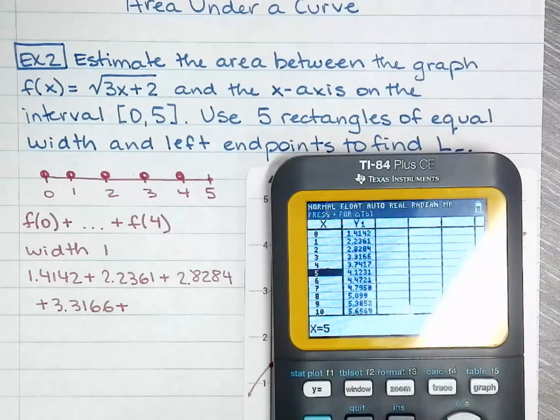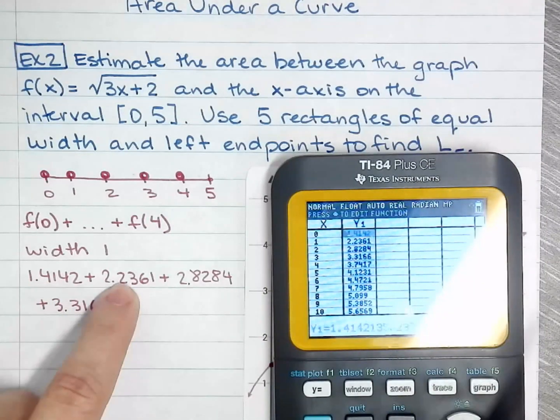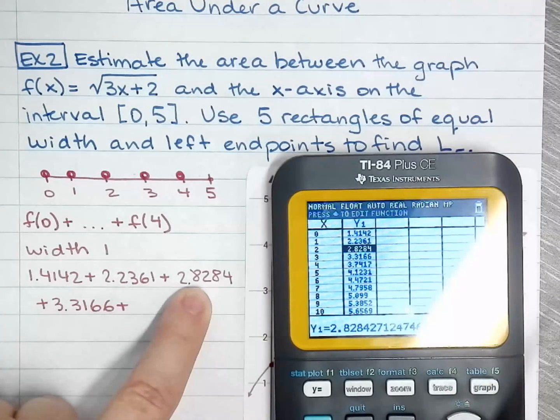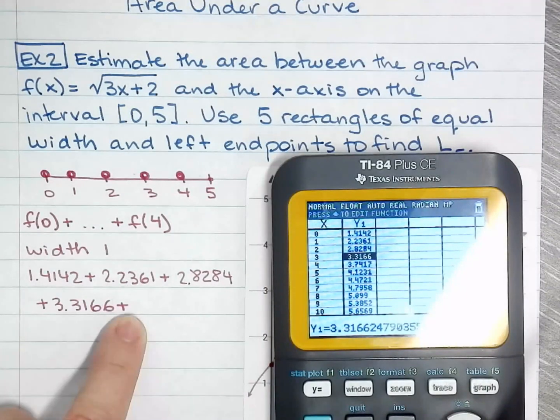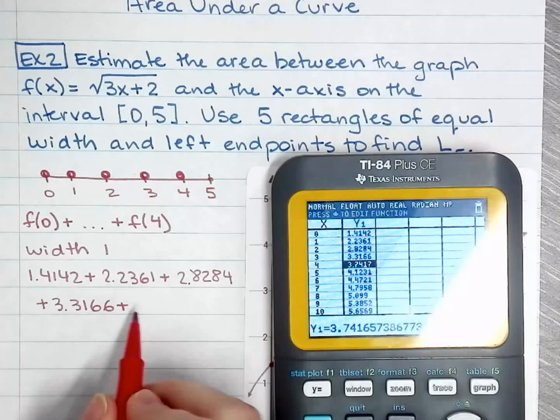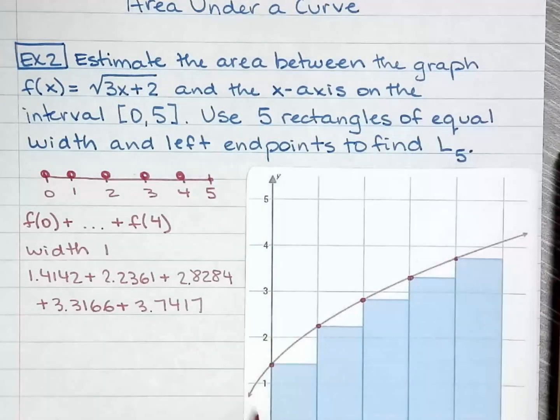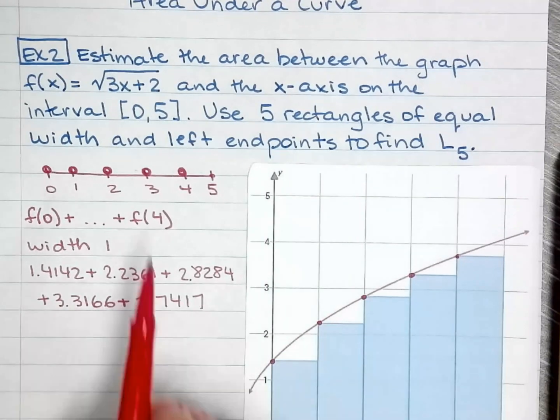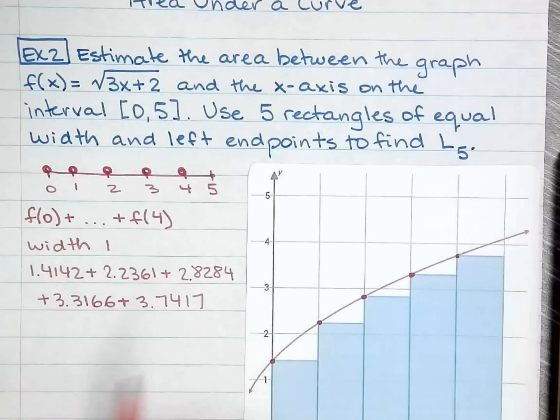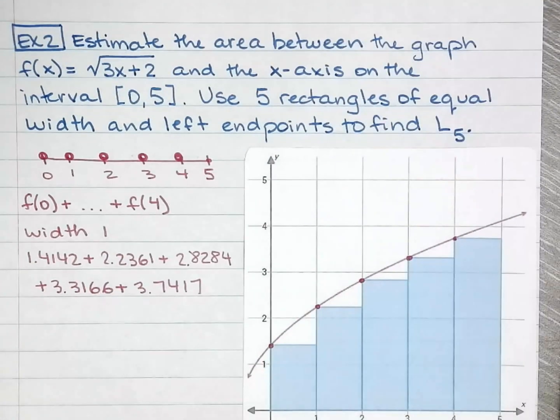Did I skip one? So this is f of 0. This is f of 1, f of 2, f of 3, f of 4. That's why I write it down, because sometimes you're going to have 8 rectangles. So just make sure that you're stopping where you need to stop and you're using the right numbers from your table.